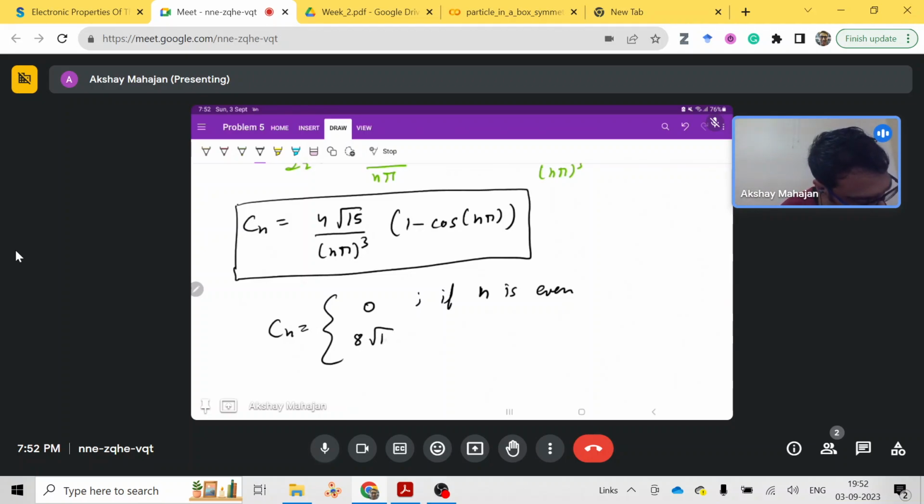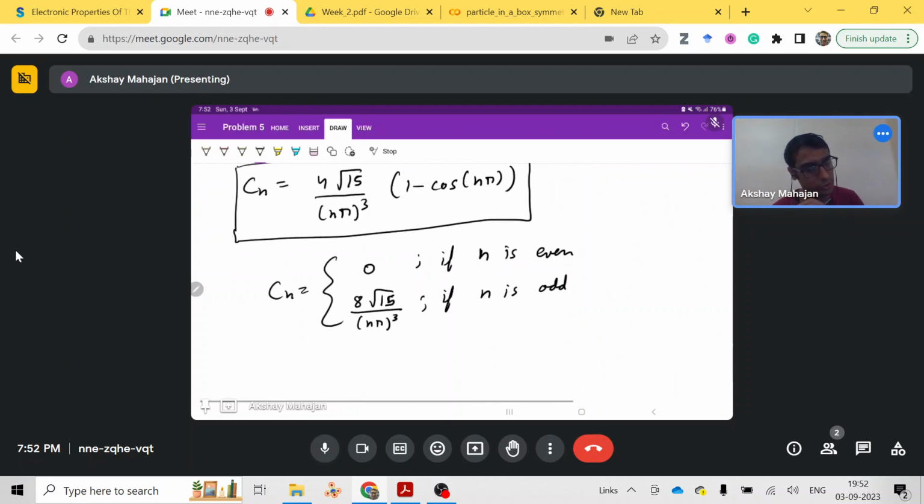And it is 8 under root of 15 by n pi whole cube if n is odd. If n is odd, cos n pi will be minus 1, 1 minus cos n pi will give us 2, and thus we will get a non-zero Cn.